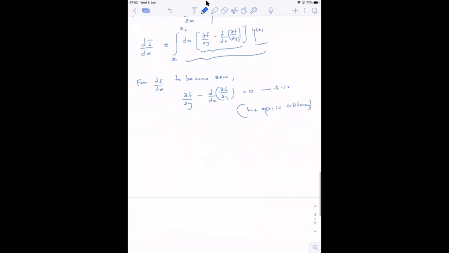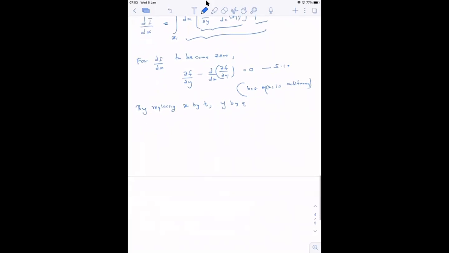Now, if I replace the variables x by t and y by q, what you get is ∂f/∂q minus d over dt ∂f/∂q' or q dot, whatever you want to call it.